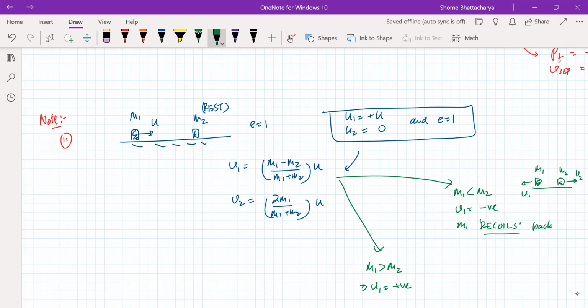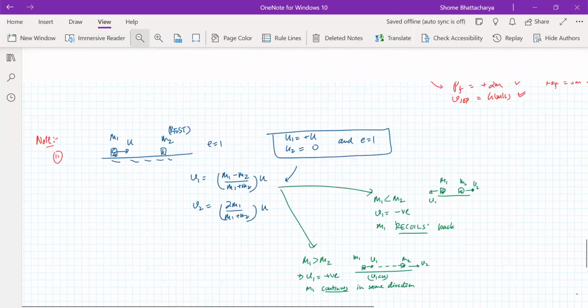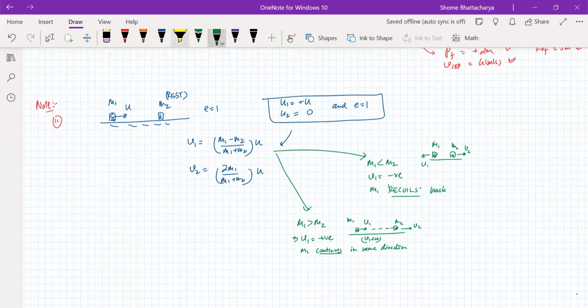Whereas in this case, M1 continues in the same direction, but with reduced speed. Okay, so note down this special case and let's look at an example of this.